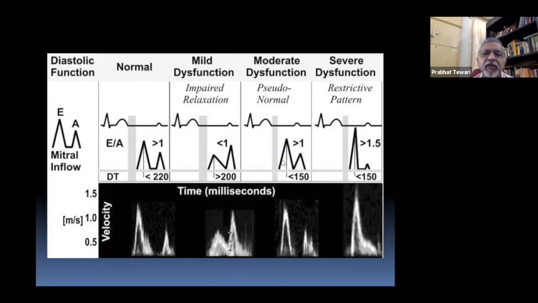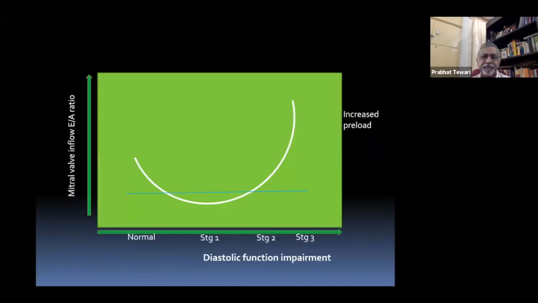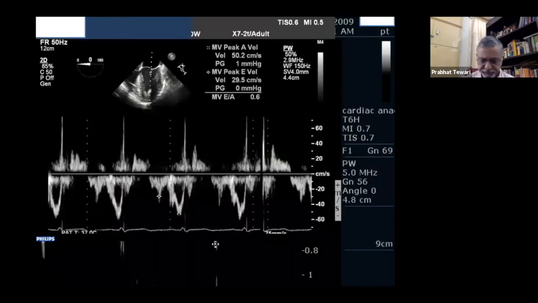In between them, it looks like a normal kind of pattern, but with a very low deceleration time. So that is how we measure it. You can see here the cartoon which I have made, diastolic function impairment along with mitral inflow velocity. So it is somewhat like a smiling face.